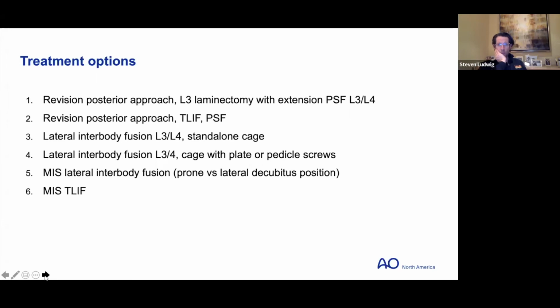Do we do an open revision, surgical decompression, fusion, add on to their hardware, with the morbidity of the blood loss, the length of stay, the transfusions, the discomfort and pain, and the costs involved? Or are these minimally invasive approaches that Jack brought up, or the lateral-based approaches, a viable option? I think there is compelling data to suggest that it's not superior, but it is a viable option. And it may be superior depending upon what metric you look at.